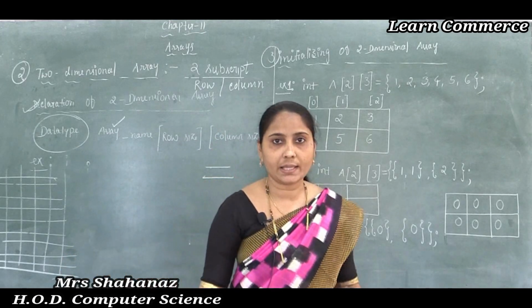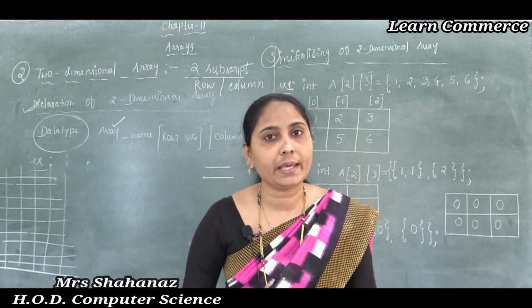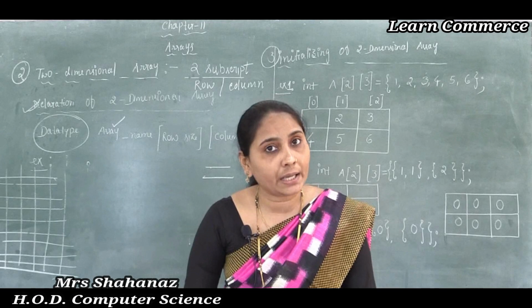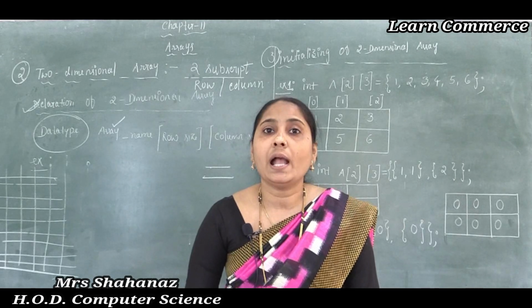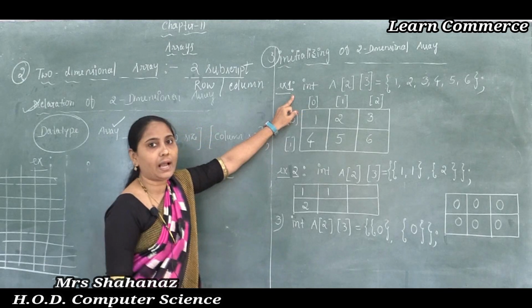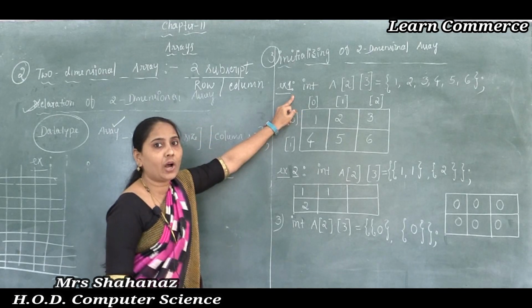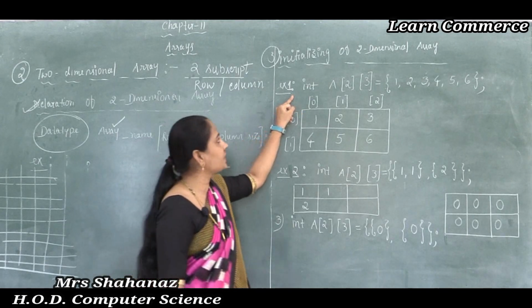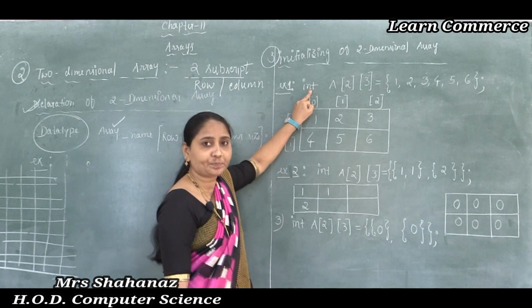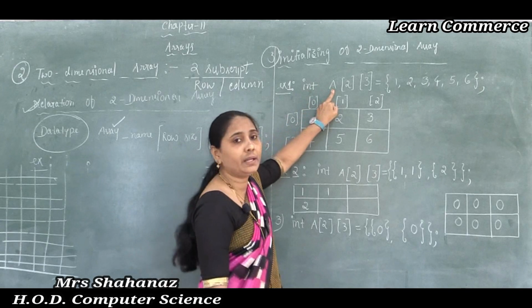So we can say that the two-dimensional array can be initialized either by initializing in its declaration or by using the assignment statement. Now this is the example of such an explanation. First of all we need to use the data type, second the name of the array.